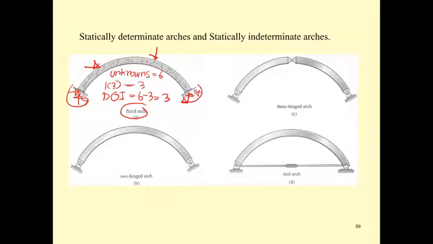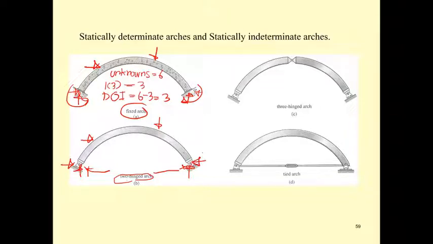Next, we have the two-hinged arch. Hinge means this; we call it a pin, but the technical term for the arch is hinge. Under application of the force, again, this hinge or pin resists the force by the reaction of this.